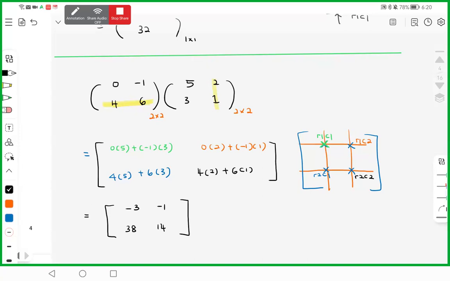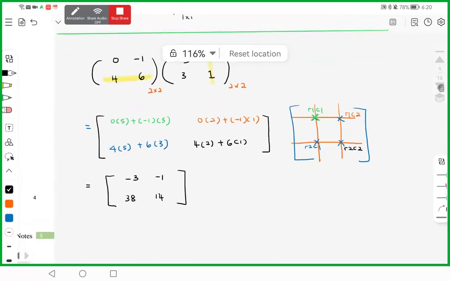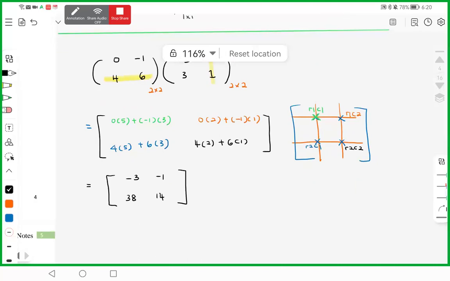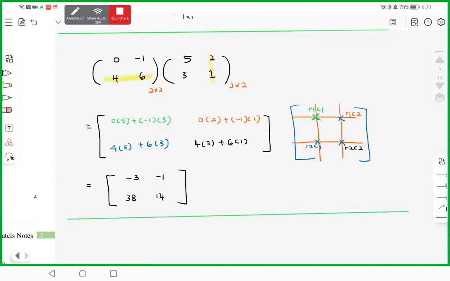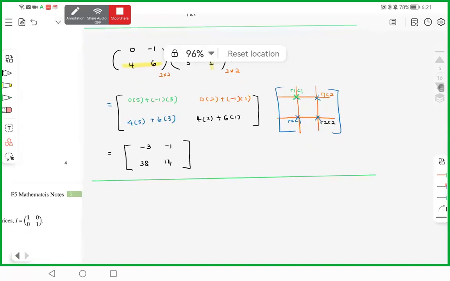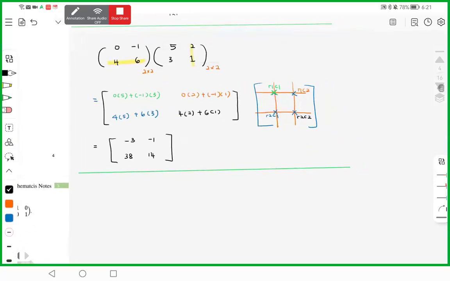Is that okay? Okay, so now you try one and then you give me your answer. Is that okay? So we try another one. Then you let me have your answer. Question here. What about this?